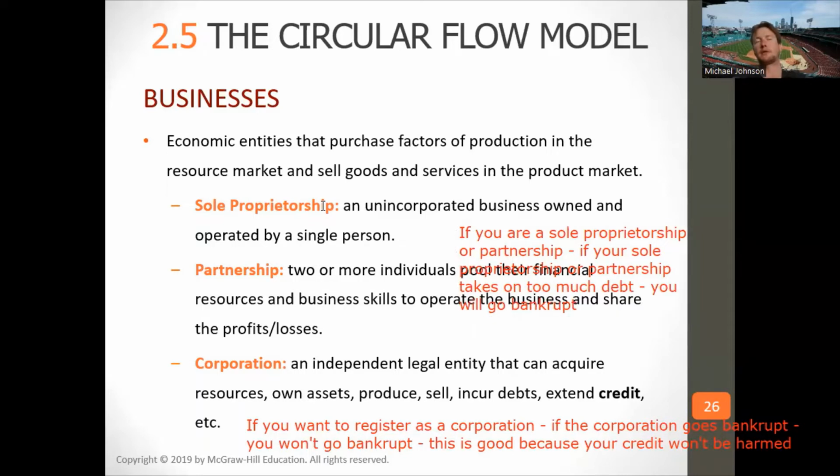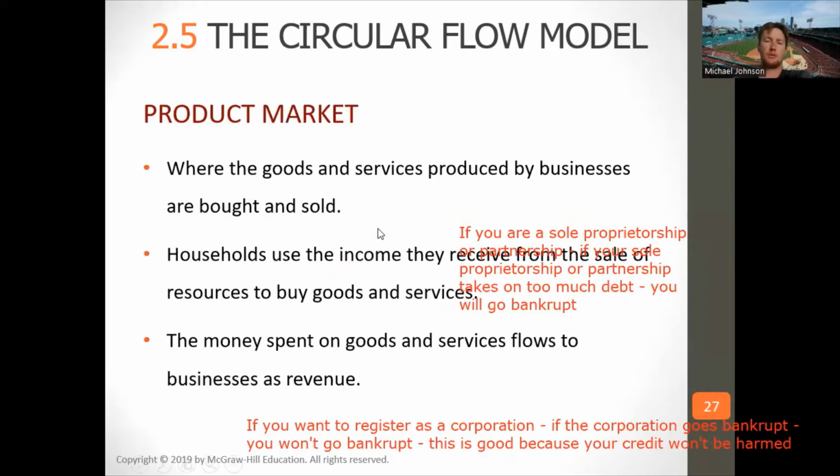So that's the difference. Registering as a corporation is better because you don't have to worry about going bankrupt yourself if your company goes bankrupt. So that's the good thing about being a corporation.